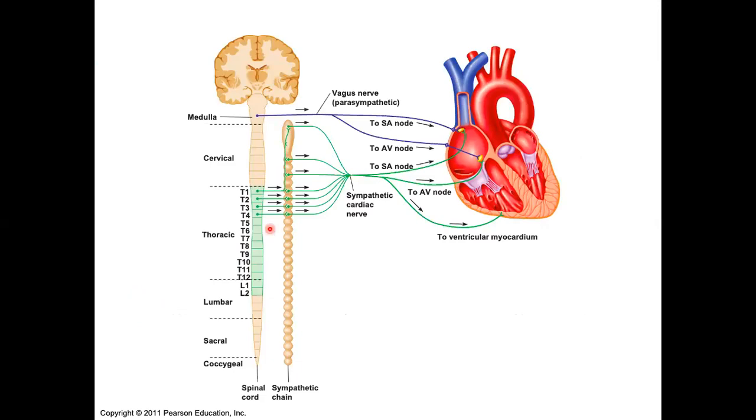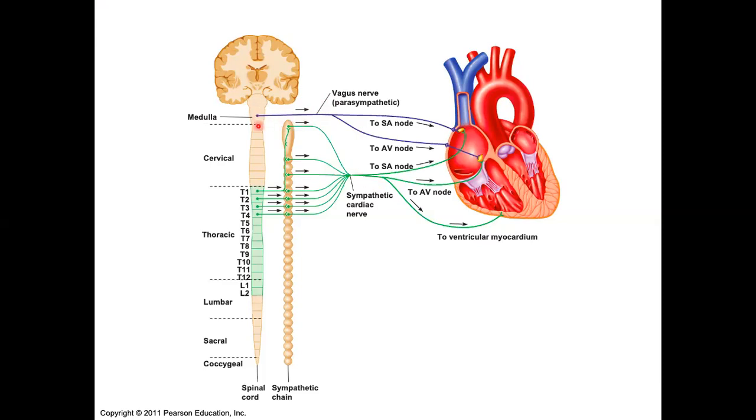Here's a picture of what it looks like for sympathetic and parasympathetic. So here's the medulla oblongata. Parasympathetic exits your brainstem, and it actually is cranial nerve 10. That's your vagus nerve. That's your major parasympathetic nerve. It synapses with your SA node and with your AV node.